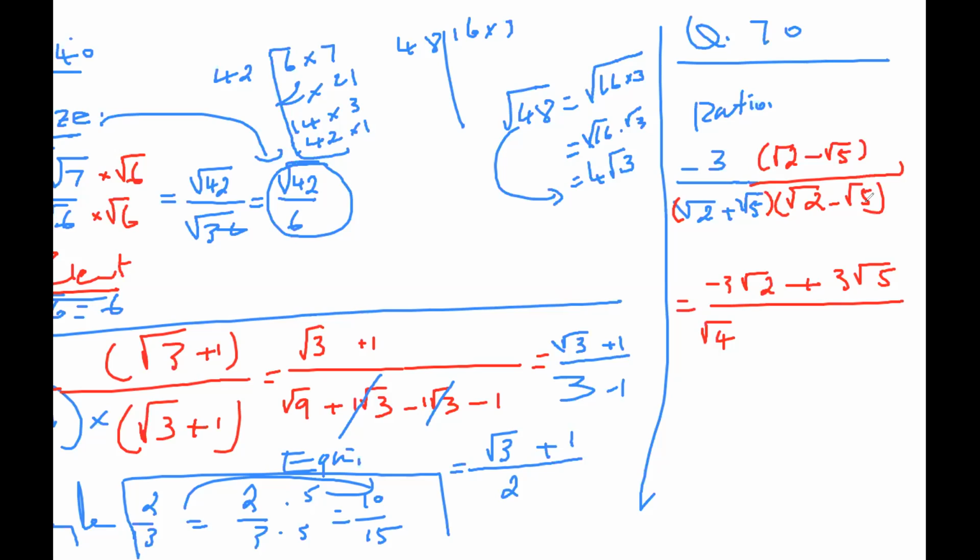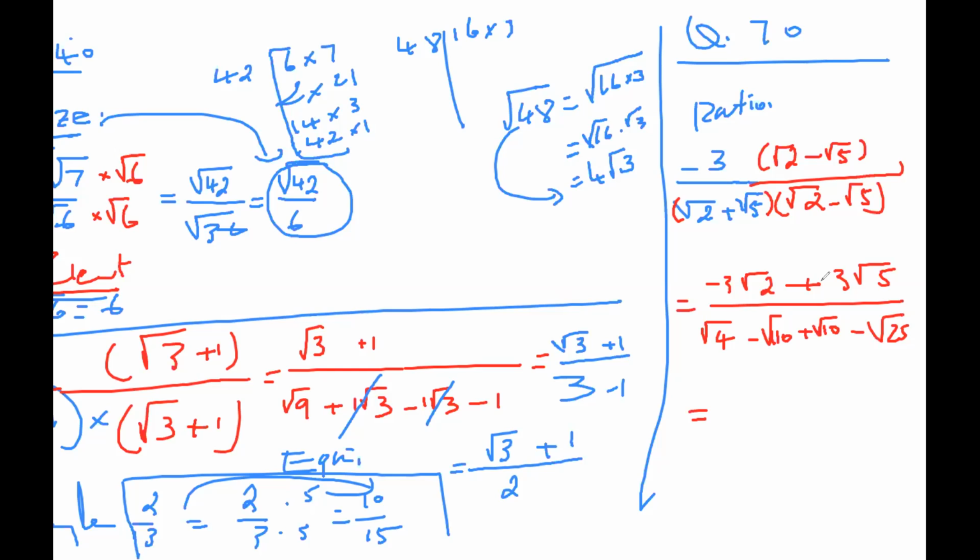Then radical 2 times -radical 5 is -radical 10, and again, minus a minus radical 10 gives +radical 10. Finally, radical 5 times negative radical 5, that's negative radical 25.